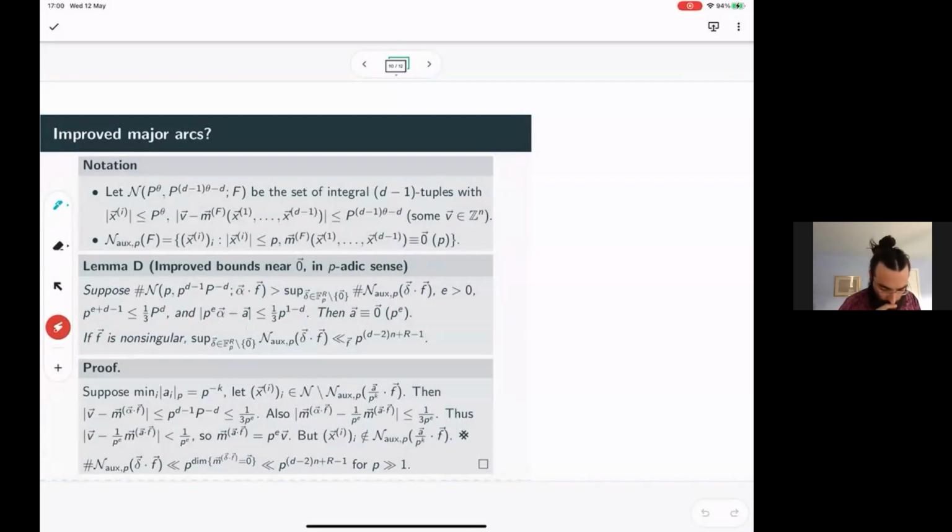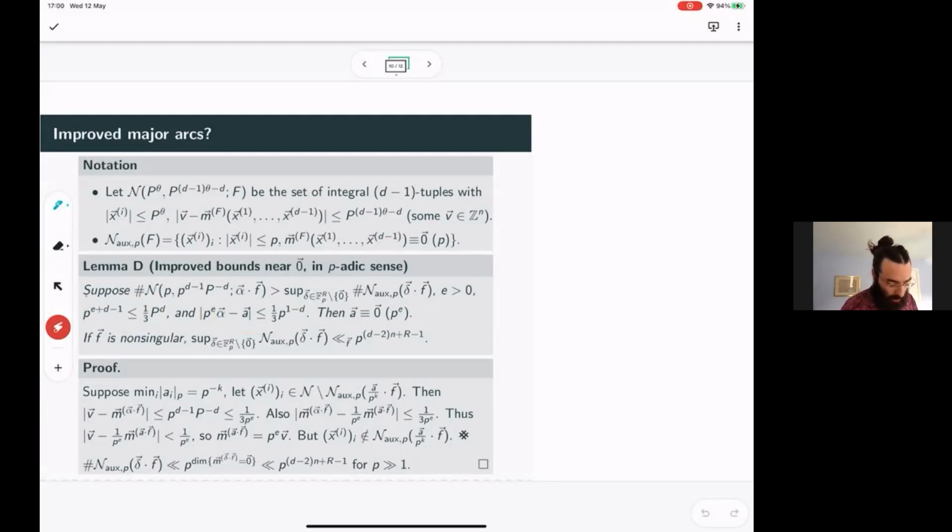So back to slide 10, and these two conditions are just expressing that our real vector alpha is within about capital P to the minus d of a rational number with denominator dividing p to the e, little p to the e.